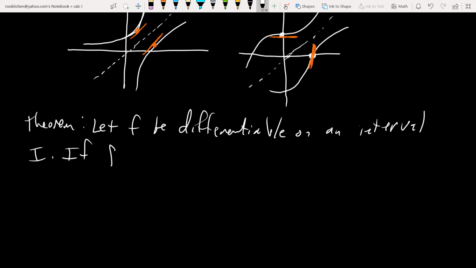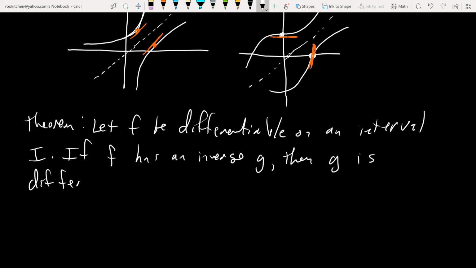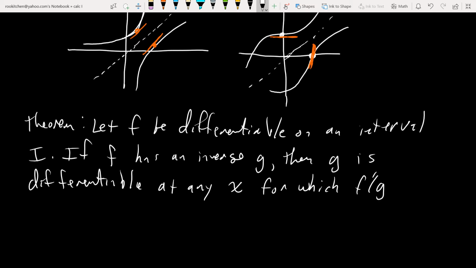If f has an inverse function, we'll call it g, then g is differentiable at any x for which f prime of g of x is not 0.